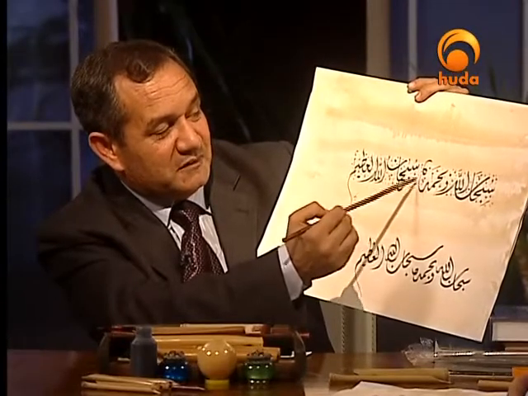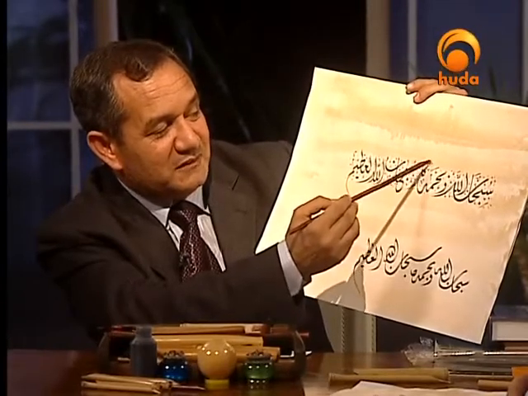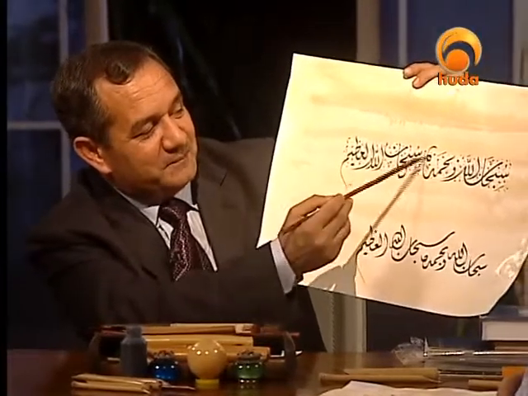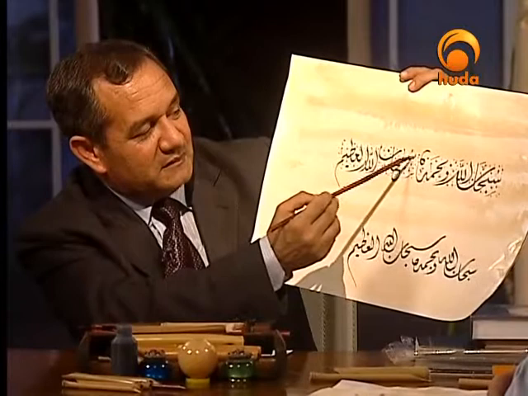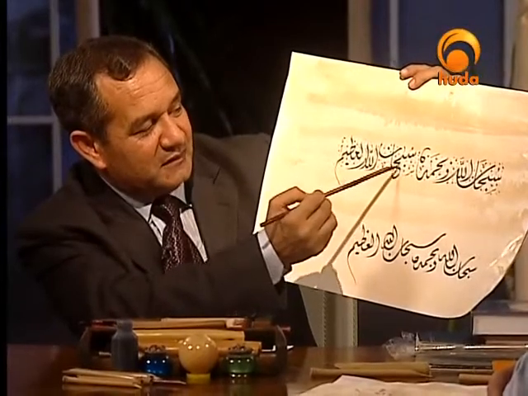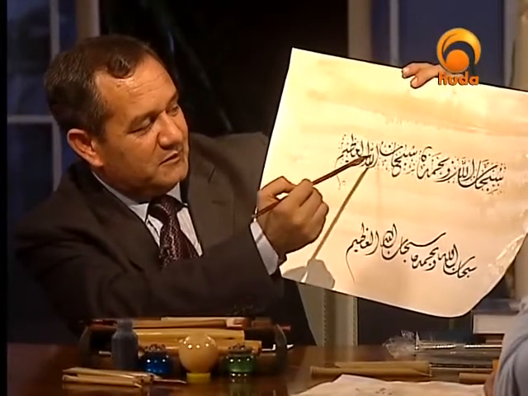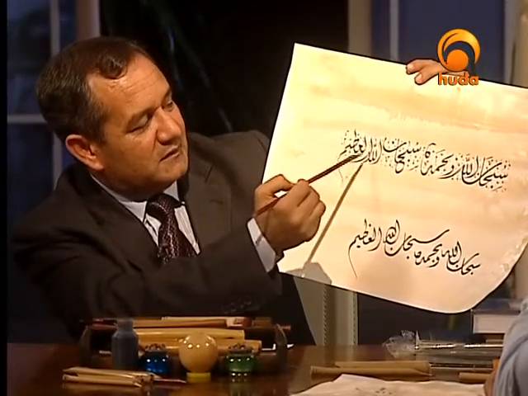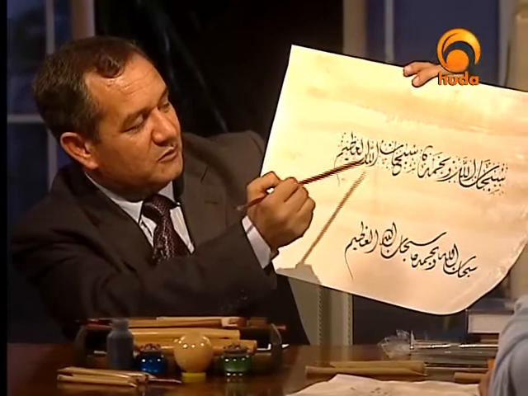And Ba with the smooth and dancing Ha, you see it's going up. You see? Nice. Another curve here and Ha going up and Noon. The great name of God. Nice. The curve here also.